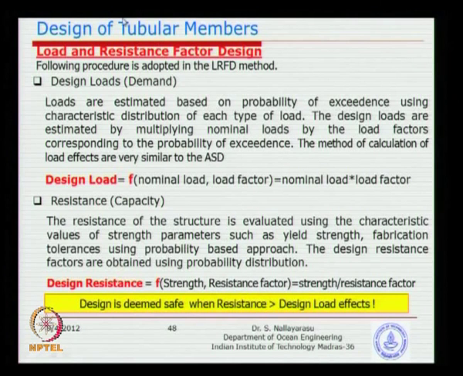So the methodology of calculation of demand or capacity has absolutely no change. What we are trying to do is implement the characteristic variability in the process. The design is still deemed safe as long as the resistance is greater than the demand. There is no other change.